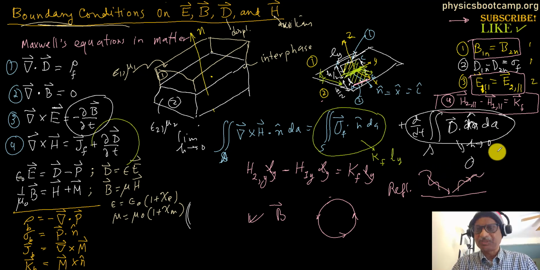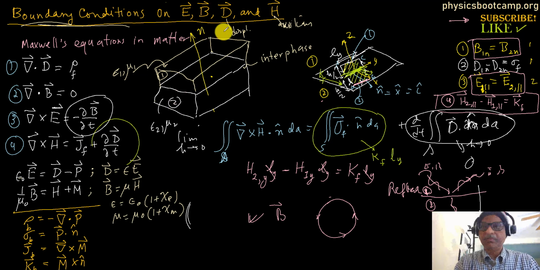A wave comes in, which way does it go? So this will be some E and B, and then in the back there will be refraction. So this is medium 1 and medium 2, and the normal is from medium 2 to medium 1 in these equations.